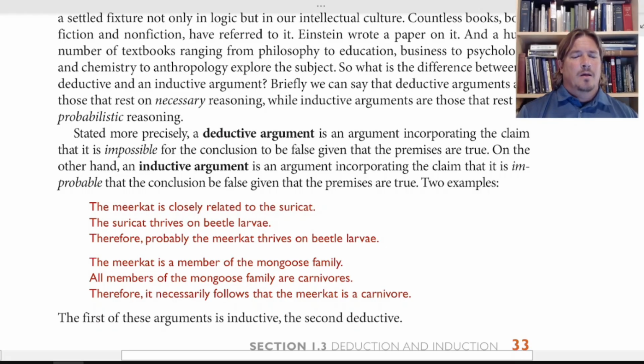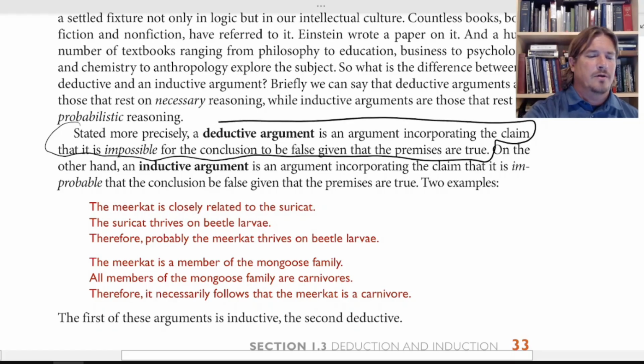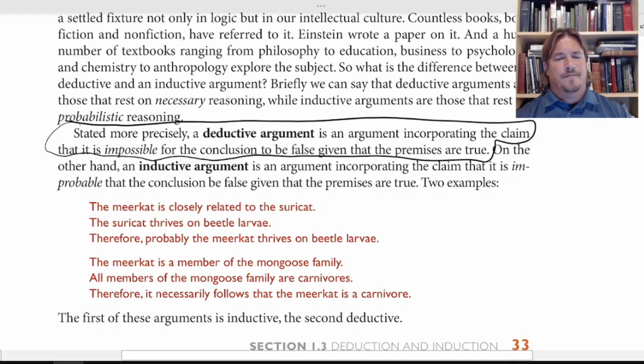So here's the definition of a deduction. A deduction is an argument incorporating the claim that it's impossible for the conclusion to be false given that the premises are true.